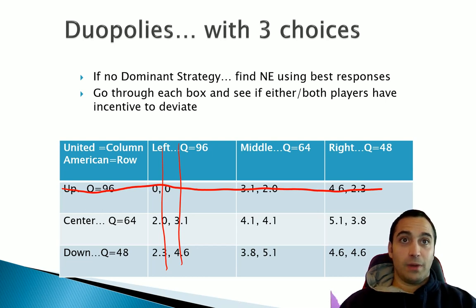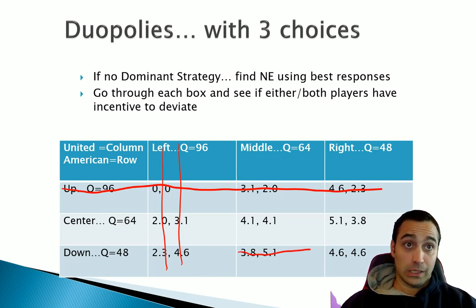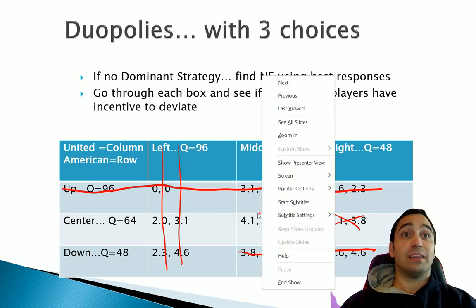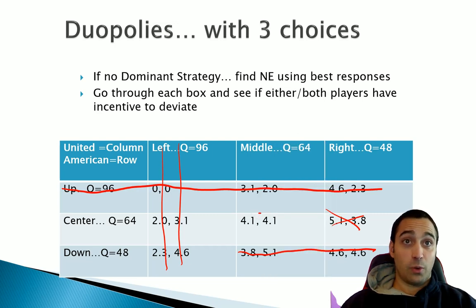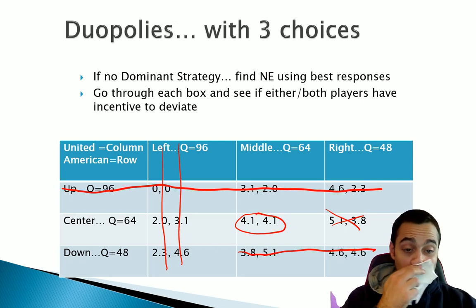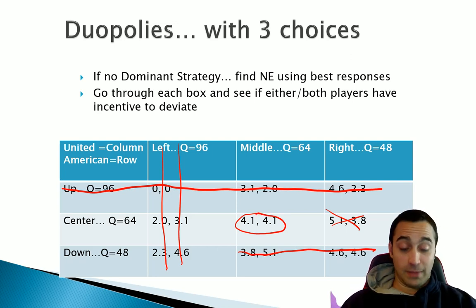If we look at this 2x2 game, we could also try to see again if there's any dominant strategies. Again, it looks like center from this reduced game dominates down. We can delete that. Then we're left with just these two. We could delete right. And therefore, we'd conclude that through the deletion of dominated strategies in sequential pattern like that, we'd still arrive at 4-1, 4-1. Two ways to solve the same game.